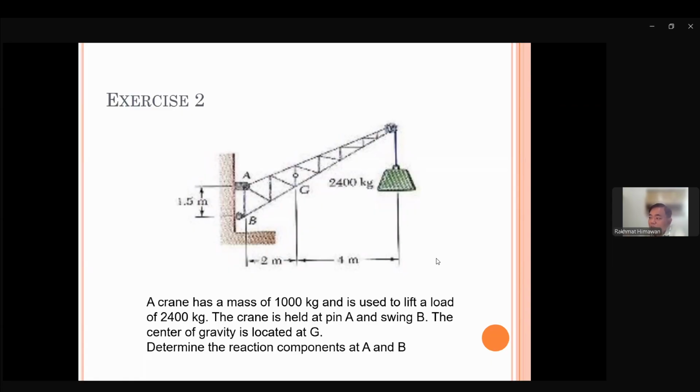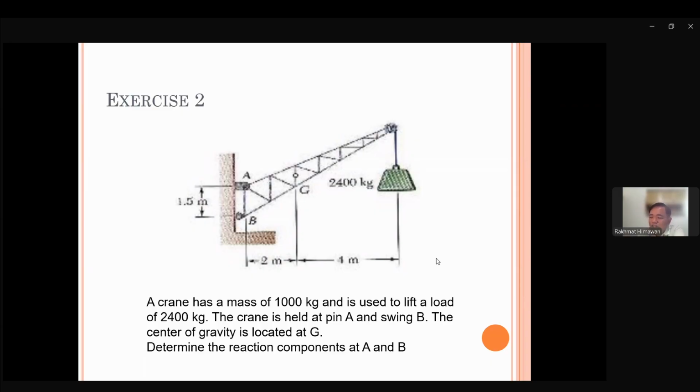For example, if we are a company that manufactures cranes, we need to make sure that points A and B, which are critical, are designed strong enough to withstand the weight and the load. So we need to calculate.